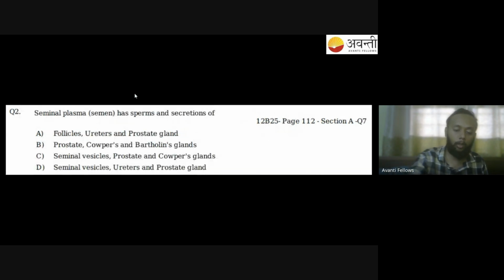So now let's solve another question. Seminal plasma has sperms and secretion of. Raise your hand to answer this. Gayatri, जल्दी से क्वेश्चन को देखिए ना, आंसर करिए.